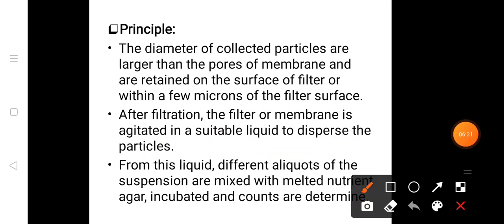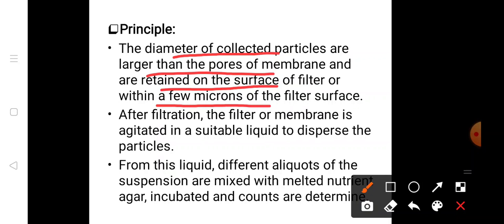Now we will study the principle of filtration. Particles collected whose diameter is larger than the pore of the membrane are retained onto the surface of the filter, within a few microns of the filter surface. Suppose this is your beaker and here is the filter. Whatever air is coming in will be filtered, and the remaining air will pass out.